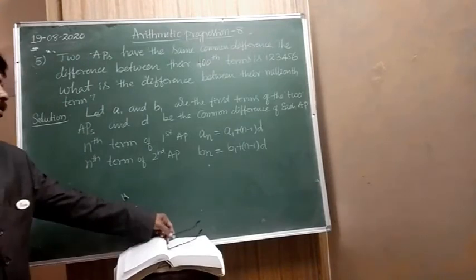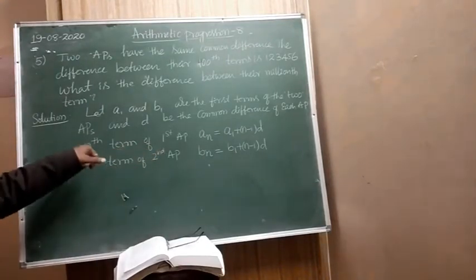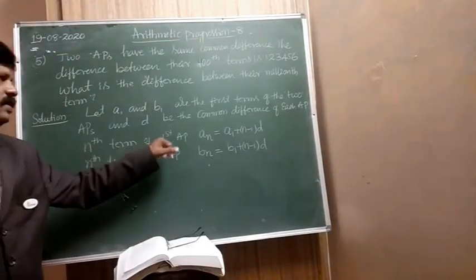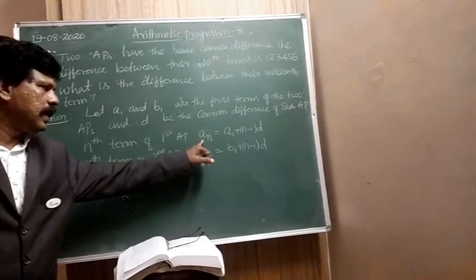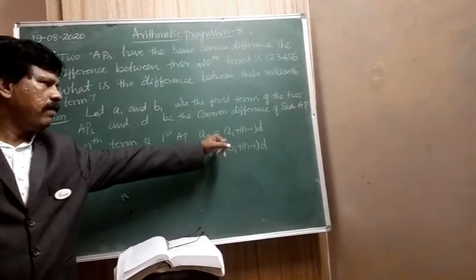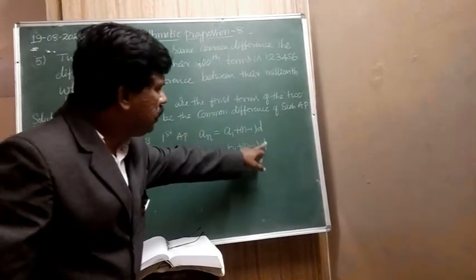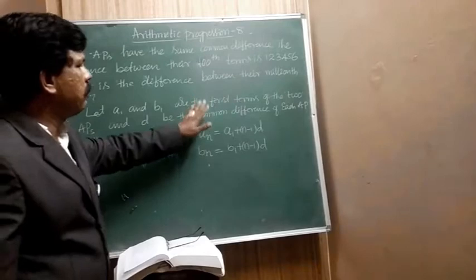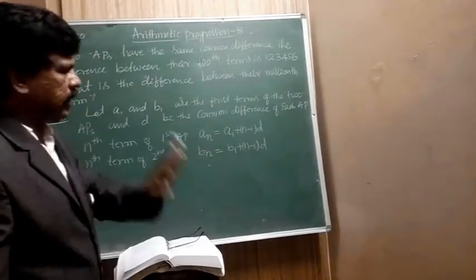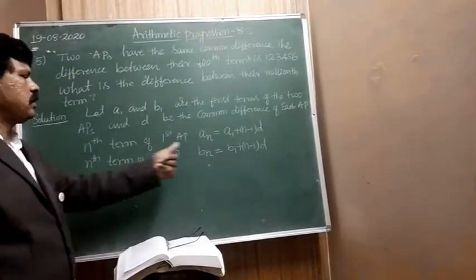Now look at that, how we have taken that. Here d is the same because they have given that the common difference is the same for the two APs.